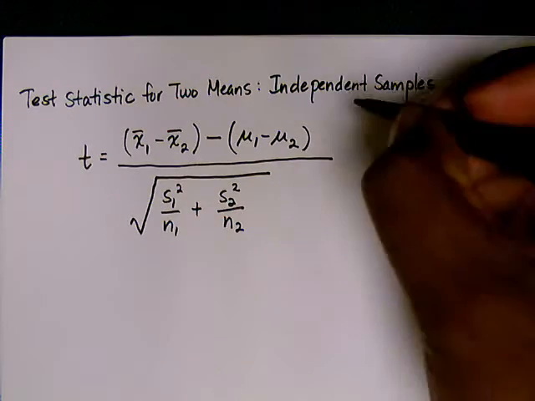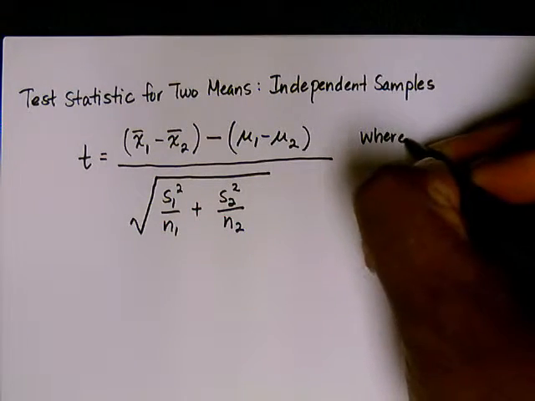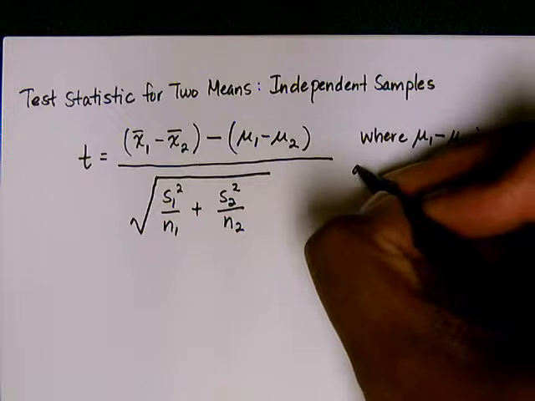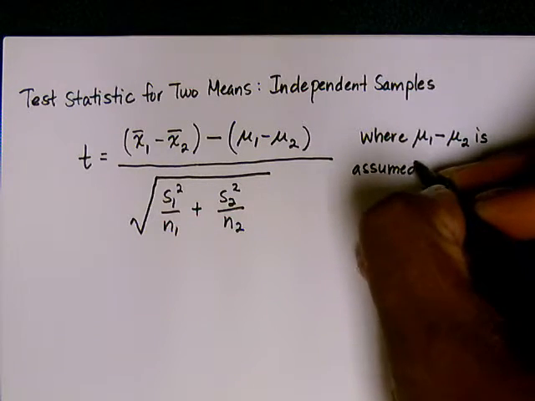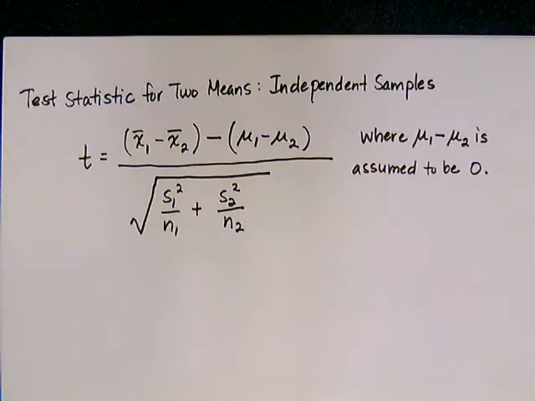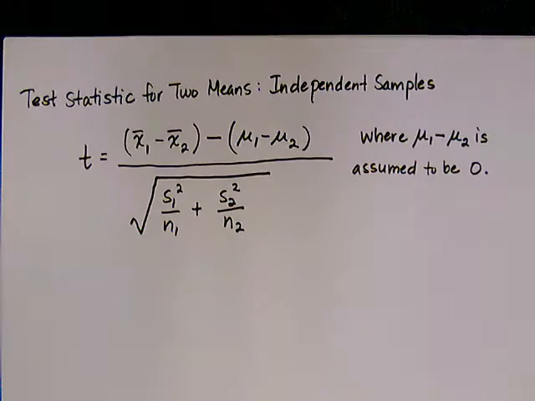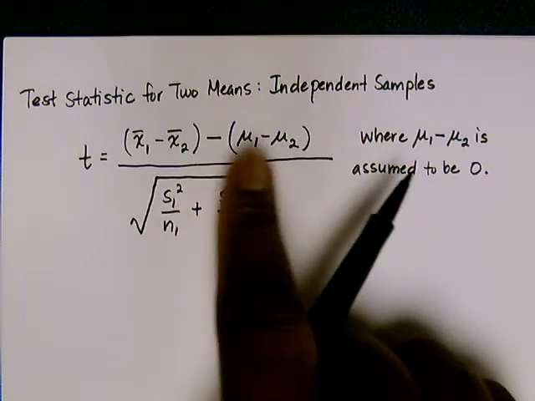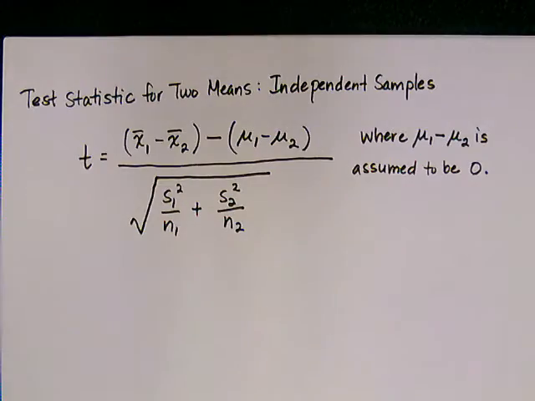So that's going to be your test statistic, and this is where mu sub 1 minus mu sub 2 is assumed from the null hypothesis to be 0. Now you'll be given x1 bar and x2 bar, then s1 and s2, and then n1 and n2. So you'll be substituting those values into this formula here, and then calculate what that test statistic is.